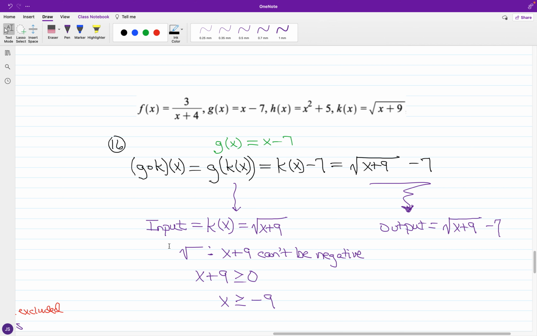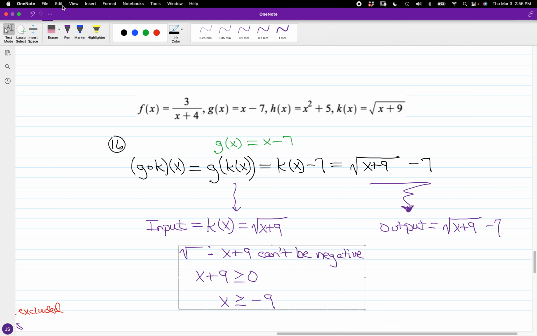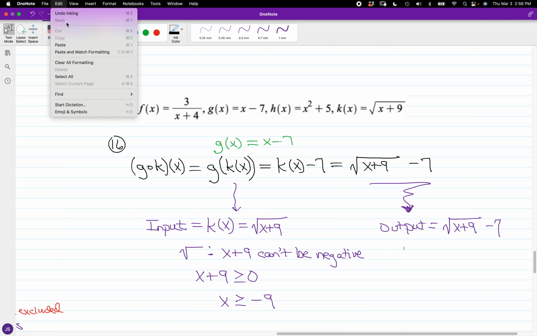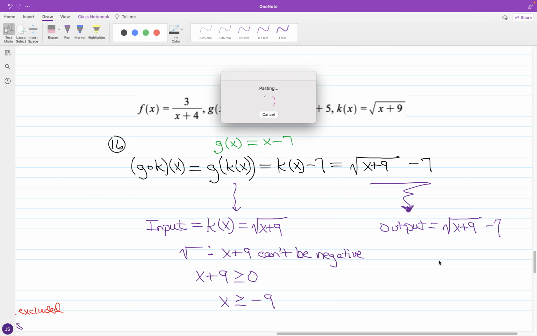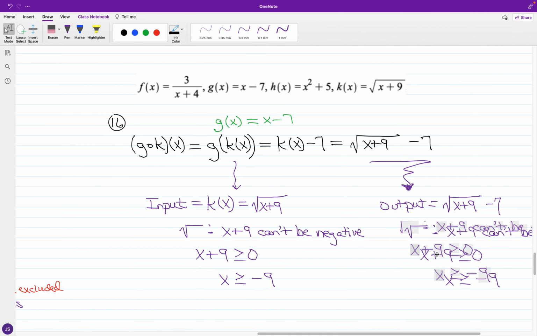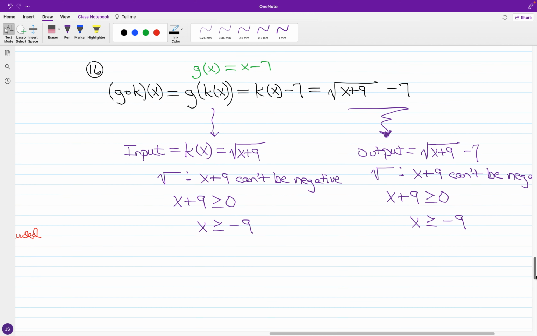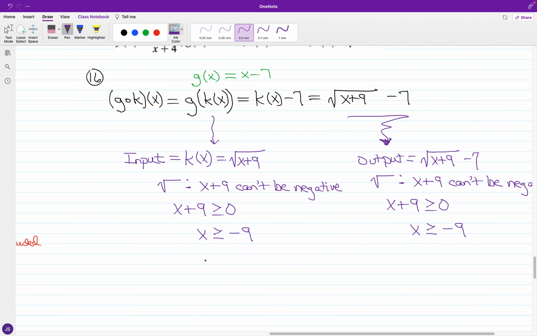So it turns out that both the input and the output will have the very same restriction. Between the input and the output, the only restriction that exists is that X is greater than or equal to negative 9.